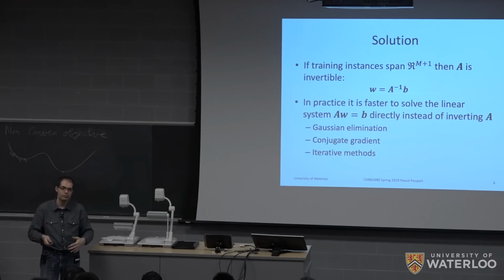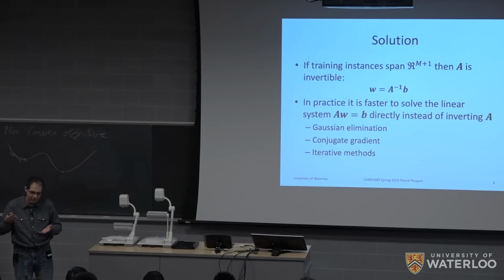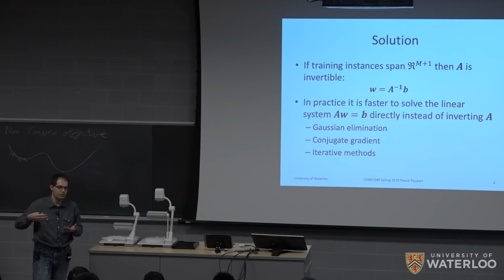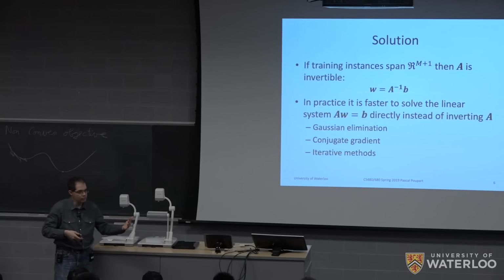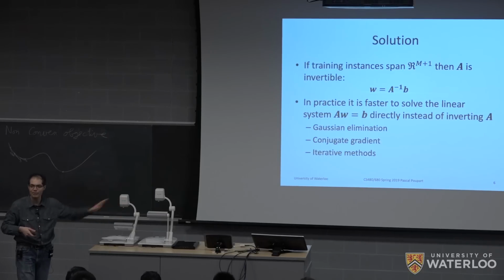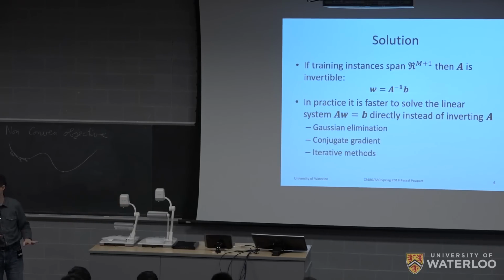I'd like you to code it from scratch, which means I don't want you to use a package that already does linear regression for you, but it's okay to use a package that does matrix operations, like computing the inverse or solving systems of linear equations. This course is not about linear algebra, so you can use that.